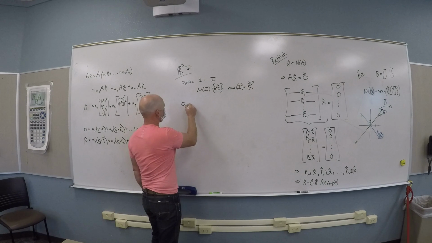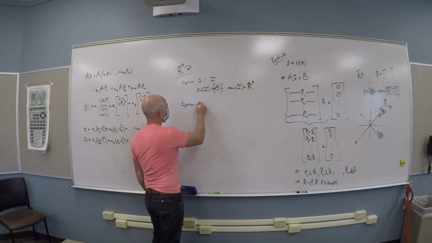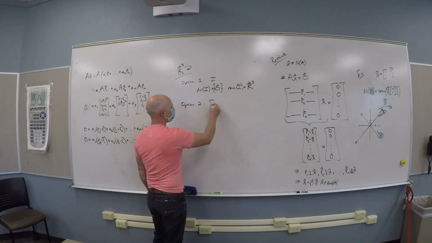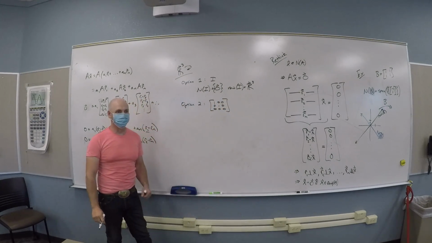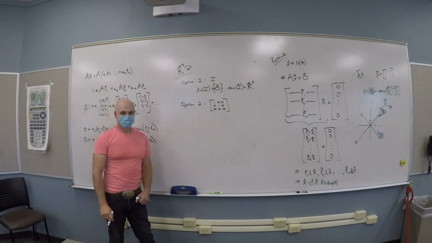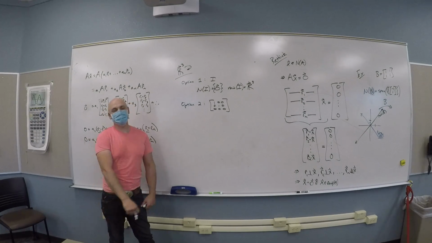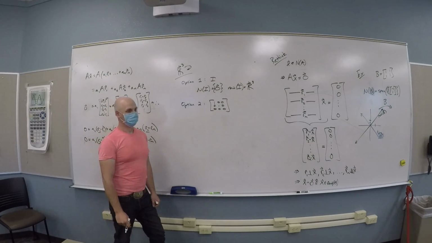So that would be things like, getting really, really lazy on this one, things like the identity except with a row of zeros. You guys with me? Things that were REF to two pivots, right?